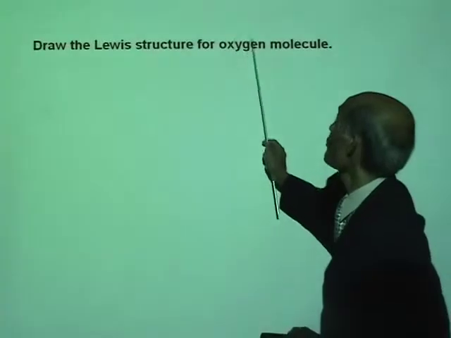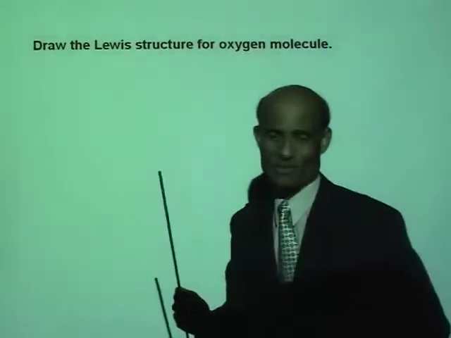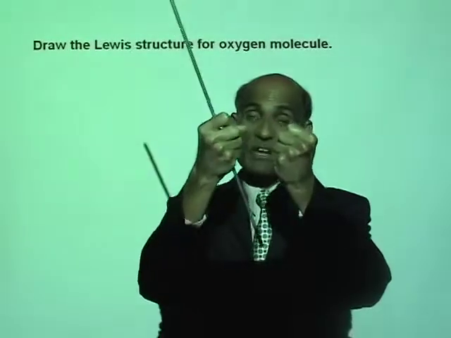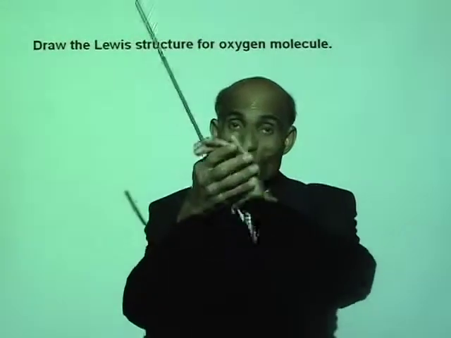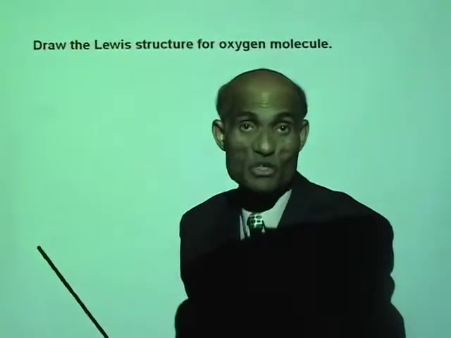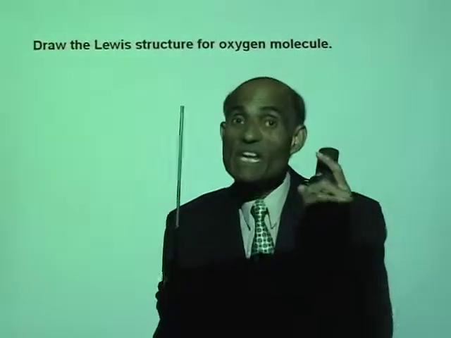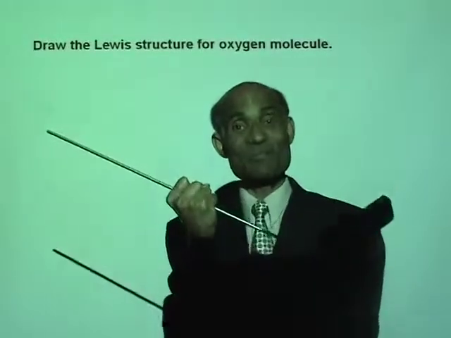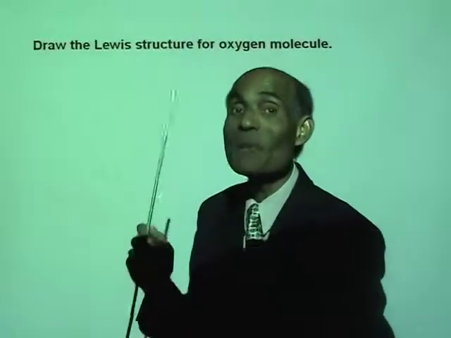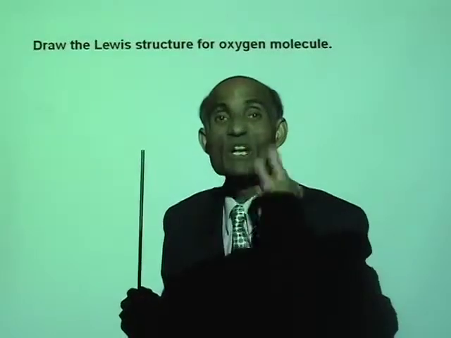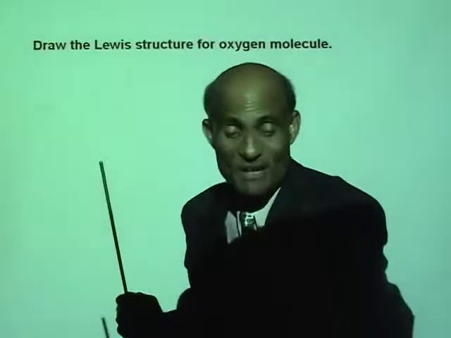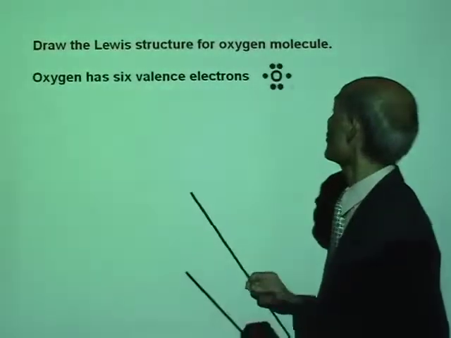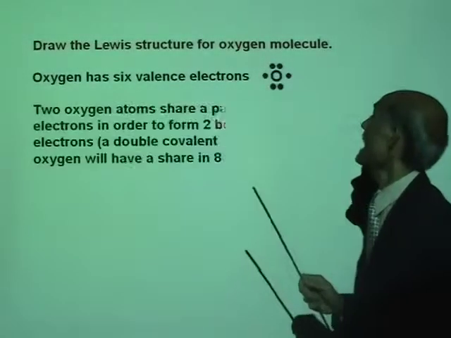Draw the Lewis structure for the oxygen molecule. Now one oxygen atom comes together with another oxygen atom to stay together as an oxygen molecule, and each oxygen atom needs 2 extra electrons. So what is the arrangement they are going to make? They are going to share 2 pairs of electrons. You see, oxygen has 6 valence electrons. That is the oxygen atom.